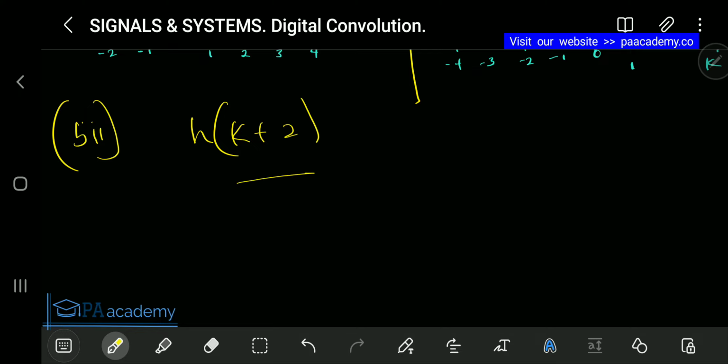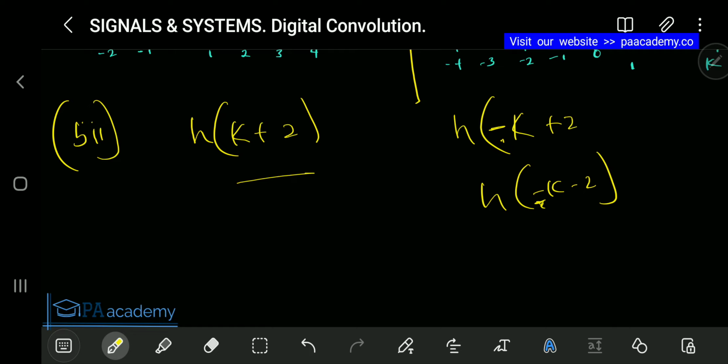But once it is a reversed sequence that you are asked to shift, you'll be having h of a negative sign before the alphabet. Then you can now have maybe plus 2, or h of minus k minus 2. But once you see this minus before the alphabet, just know that you are asked to shift a mirrored signal.